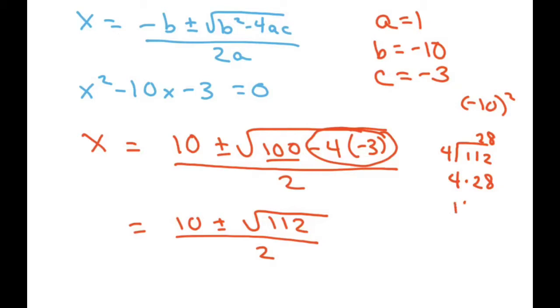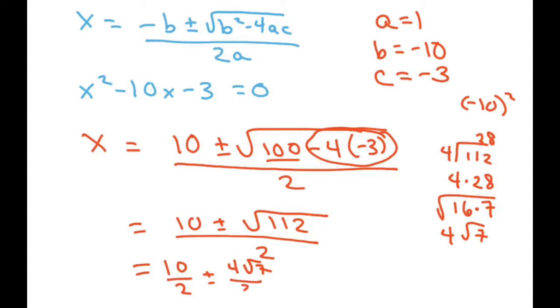So that's going to be 16 times 7. 16 times 7 equals 112, which is 4 square root of 7. So we're going to get 10 over 2 plus or minus 4 square root of 7 over 2. So x equals 5 plus or minus 2 square root of 7.